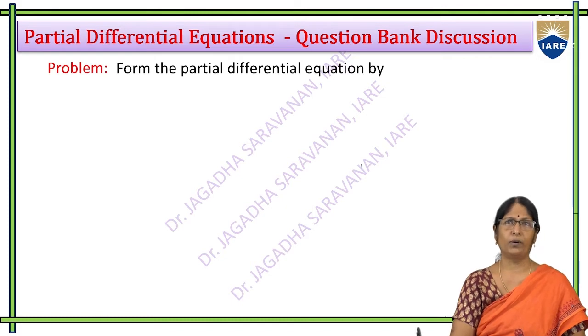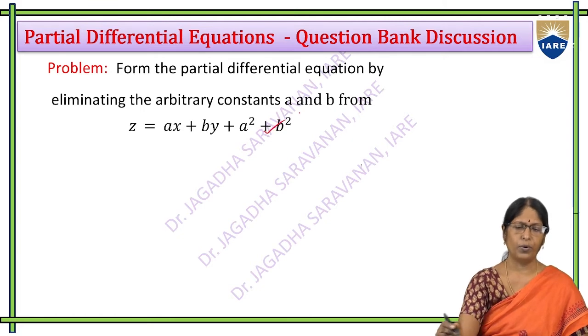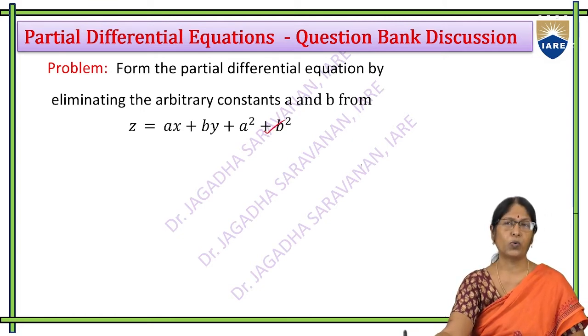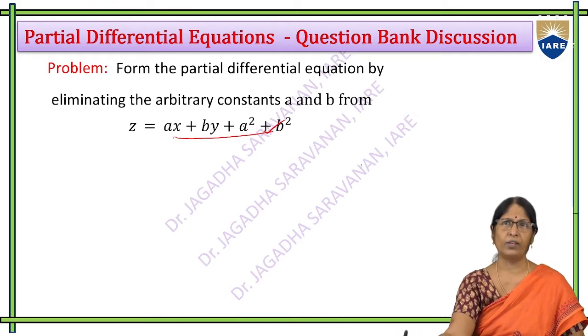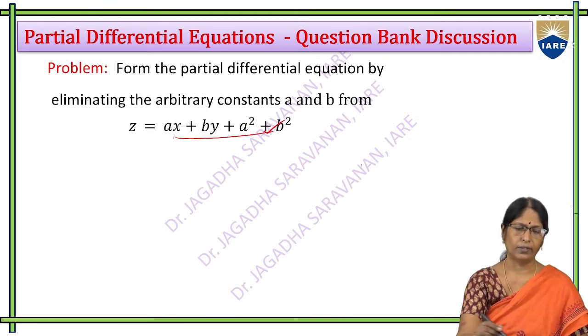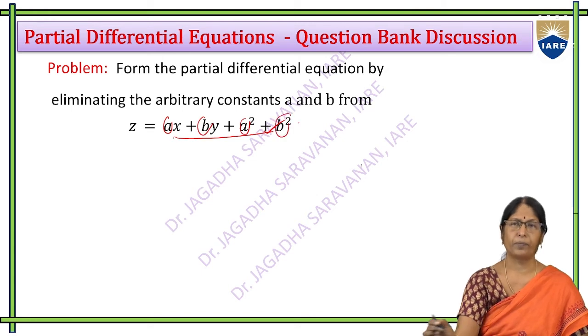So the first problem: form the partial differential equation by eliminating the arbitrary constants a and b from z equal to ax plus by plus a square plus b square. This is the question we are asked to solve. First, in our mind, in the given question, a is occurring in one place and b is occurring here.